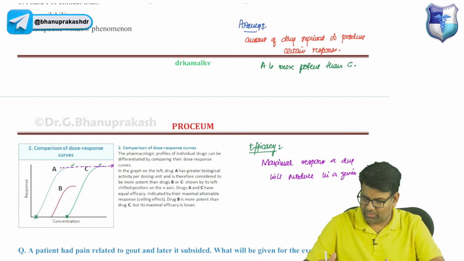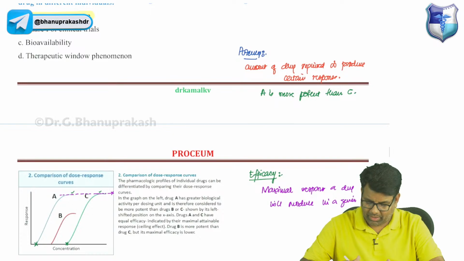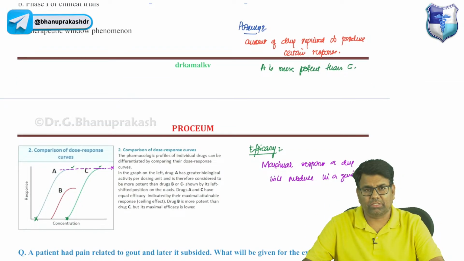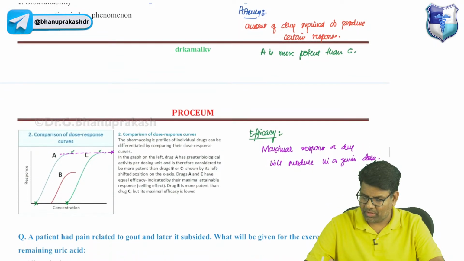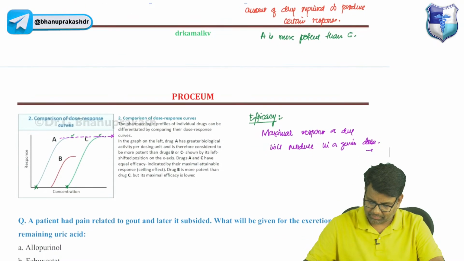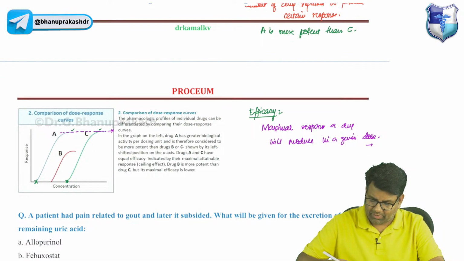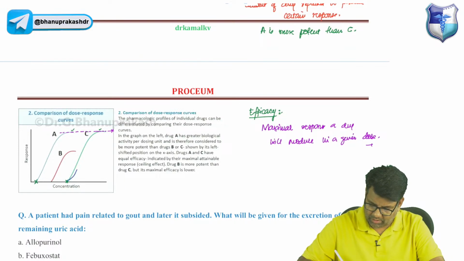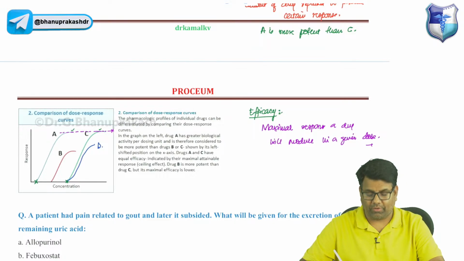Please remember this concept, because many times we have a graph based question and the question revolves around these two points only: which drug is more potent, which is more efficacious. So that is the concept. Clear? And here we don't have anything related to efficacy, but if I draw, say this is drug C and drug D, then you can say drug C is more efficacious than drug D. Okay.